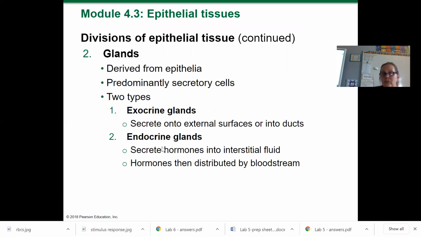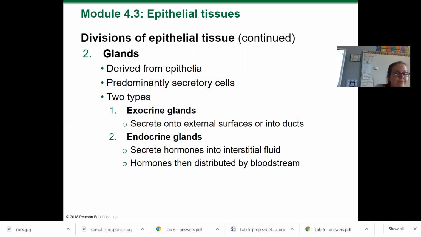There's also glandular tissue, which is a type of epithelial tissue. These are cells that are specialized to secrete something. Okay, so they're secretory cells. They secrete via exocytosis. And if you look, there's 2 types, exocrine and endocrine.